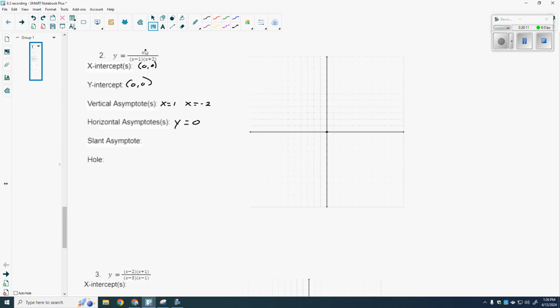If I multiply these two x's together, I get an x squared, which is the highest exponent, so the degree of the bottom is 2. 1 is smaller than 2, so my horizontal asymptote is y equals 0. And there's no slant asymptote, and there's no hole.